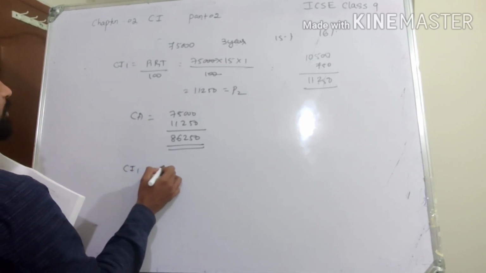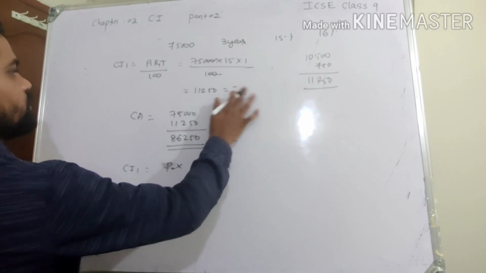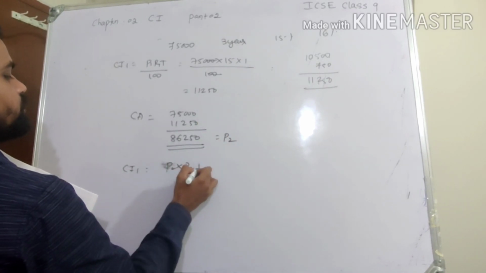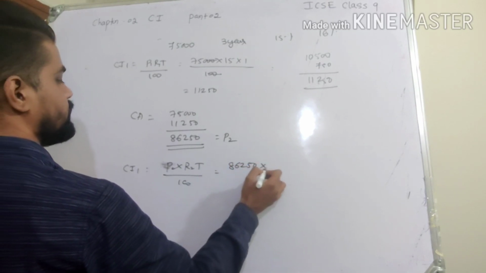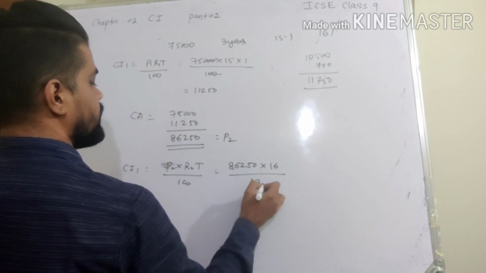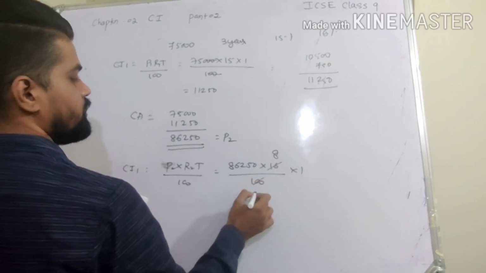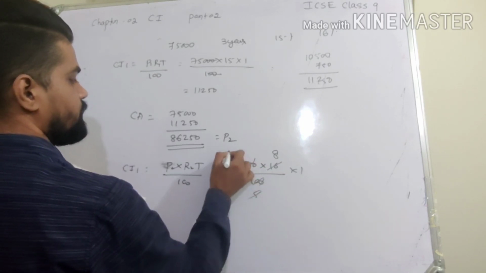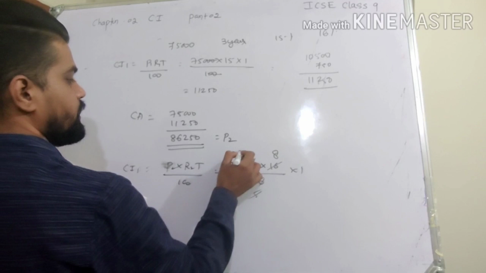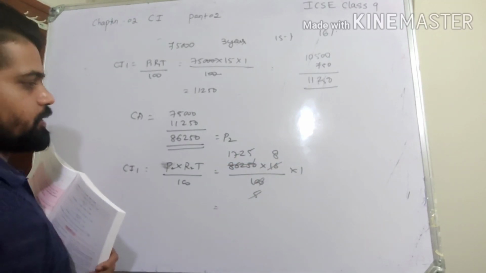Compound interest is principal 2, that is P2, not this one, R2 T by 100, which is 86,250 into 16 by 100 into 1. 00 cancels, 5 17s are 85, 5 2s are 10, 5 5s are 25. So now we have 1725 into 8. That's what we have to do.